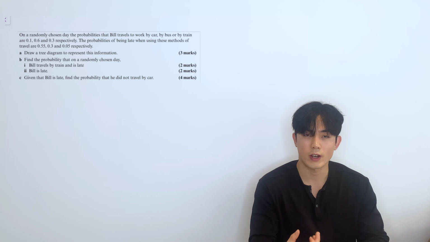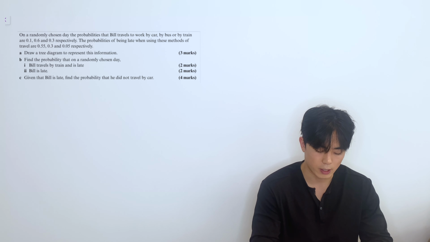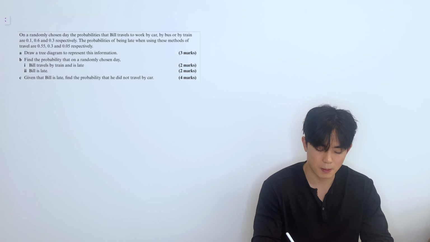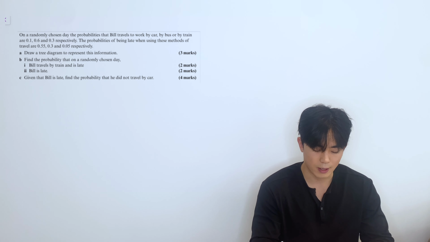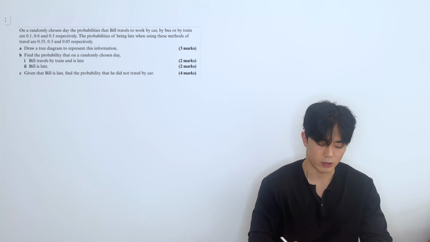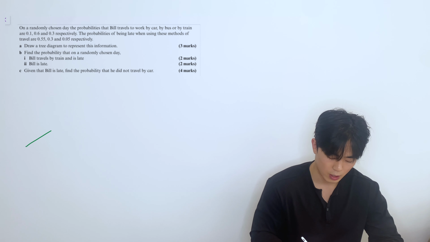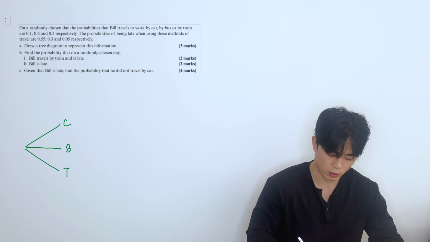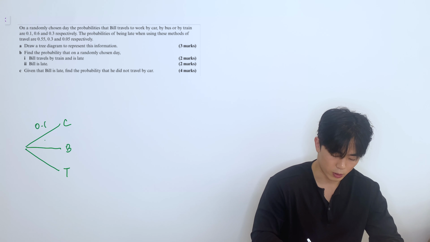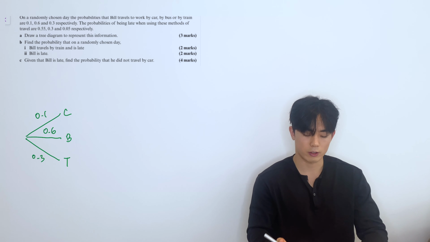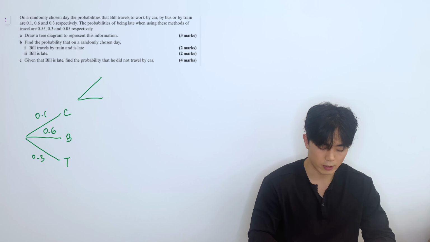So let's try this final question here. On a randomly chosen day, the probabilities that Bill travels to work by car, by bus, by train are these values respectively. The probabilities of being late when using these methods are also these values respectively. Draw a tree diagram. So in the beginning, Bill can travel by 3 methods of transport. You can do car, bus, and train. And the probabilities are 0.1, 0.6, and 0.3. Now, for each mode of transport, he can be late at a certain probability.